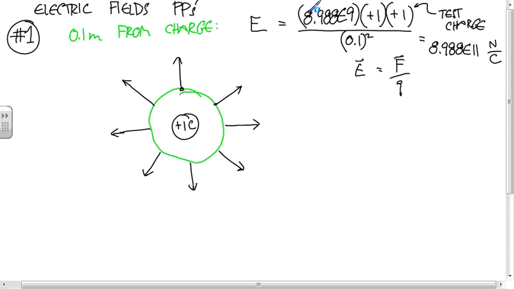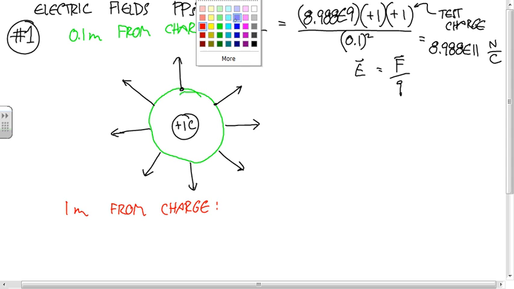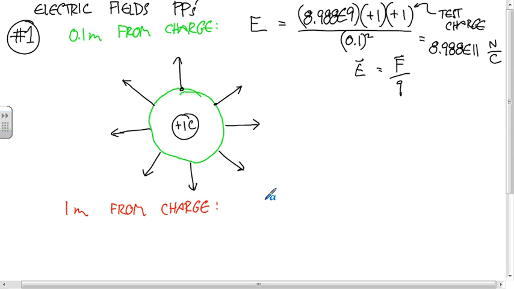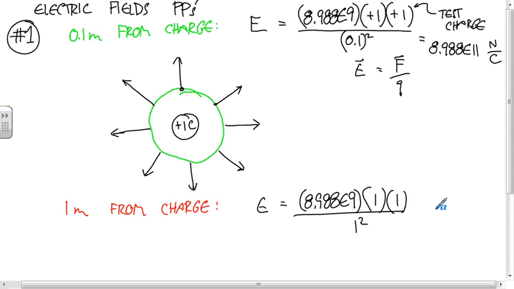And calculate the force. Okay, so now second, let's say we have 1 meter from that fixed charge. Then the electric field vector magnitude is 8.988 times 10 to the 9 times 1 times 1, those are the charges, and then divided by 1 squared.